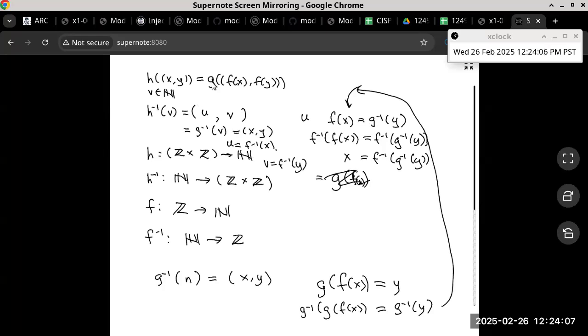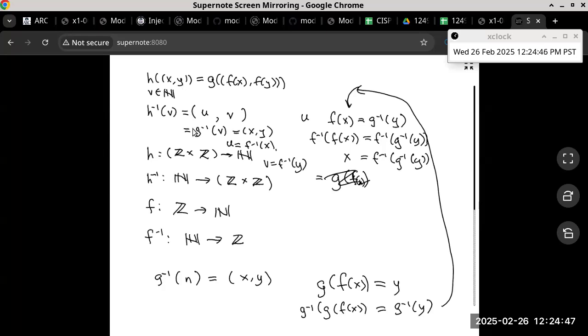G was the last thing to apply, right? And as a result, when we look at the inverse function, it will be the first thing that we have to undo. So the ultimate thing that h is doing is you give me x, y, which are integers, and I'll give you a natural number corresponding to the two tuple where each item is an integer.